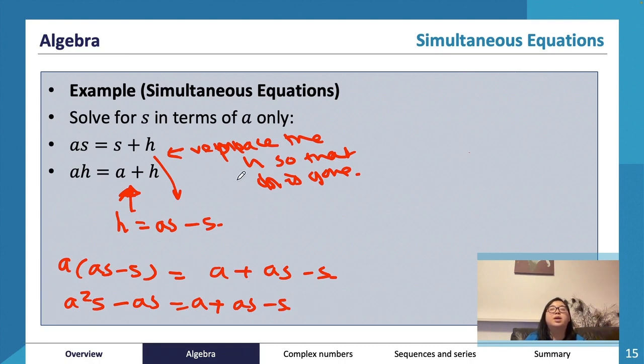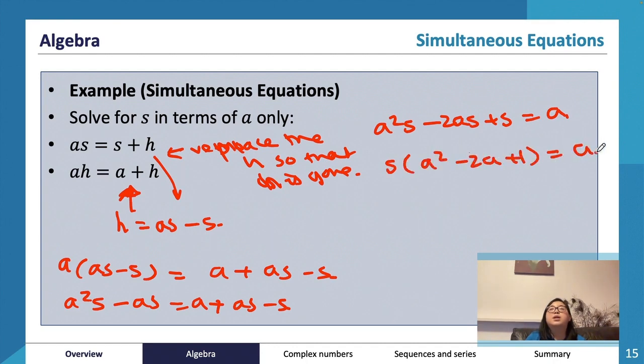Okay, so then we want to get all the s's on one side. So if we try to divide all of that onto one side, we'll get this is a squared s minus 2as plus s equals to a. So if we divide that by s, we'll get a squared minus 2a plus 1 equals to a. And then we'll get s will equal to a over a squared minus 2a plus 1, right?